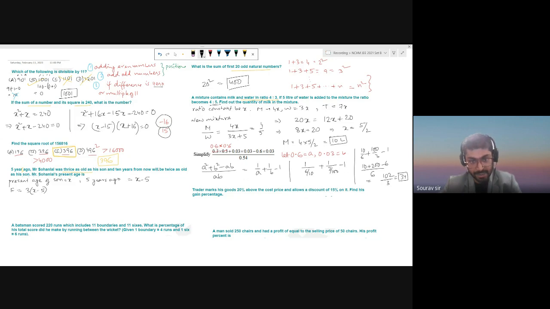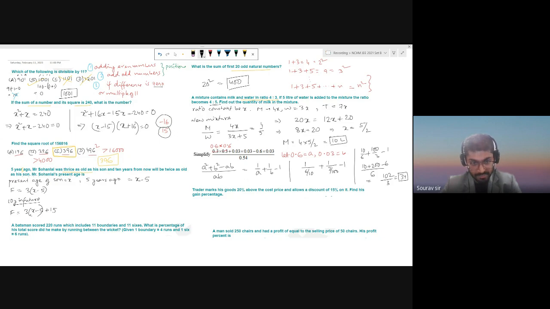So 10 years from now. So if we start 5 years back and we end up 10 years in future, so that is a difference of 15 years. So Mr. Sohanlal's age will be, father's age will be thrice X minus 5 plus 15.